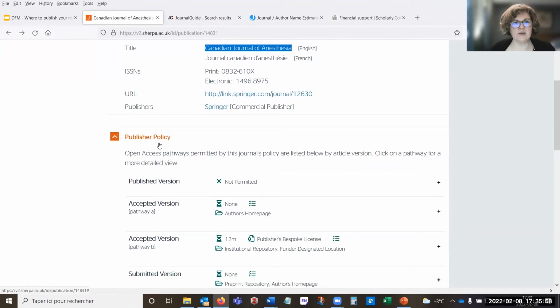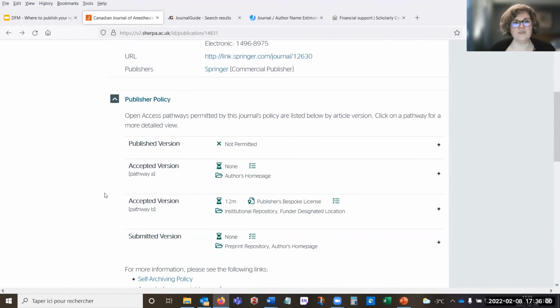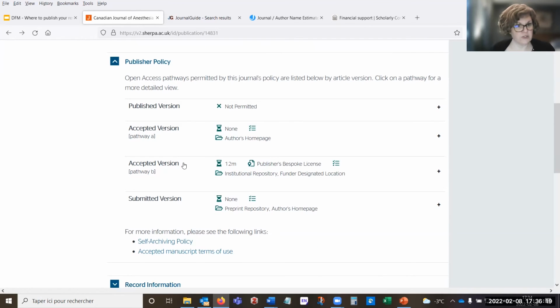So here it shows the different pathways of publishing open access with this journal. The first one says the publisher's published version is not permitted to be put in a repository. The accepted version, so usually that means after peer review, yes, it's possible.